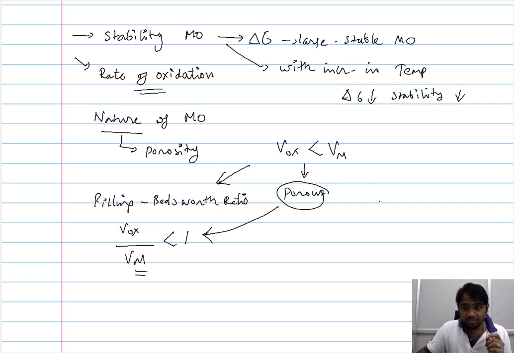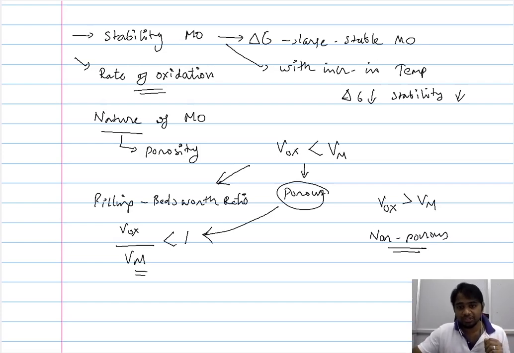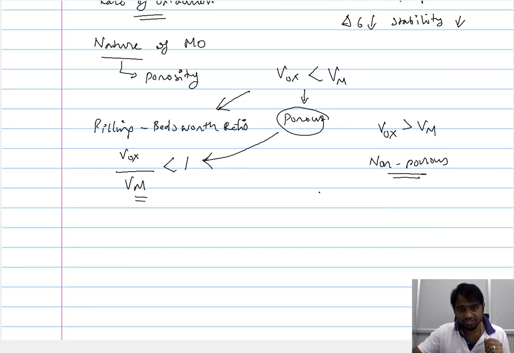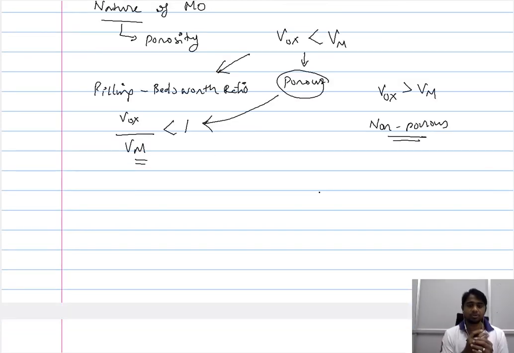Again, this is the property of the metal. So to form a particular oxide, when the amount of oxygen being consumed is much greater than the amount of metal involved in the formation of the metal oxide, you ultimately end up with a non-porous metal oxide.